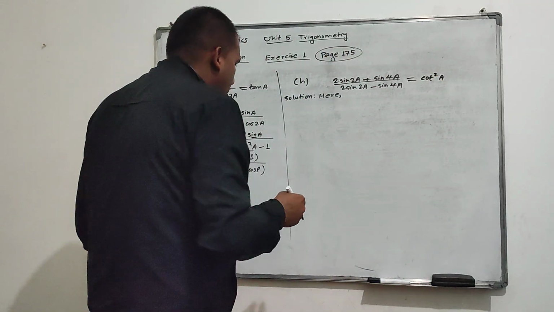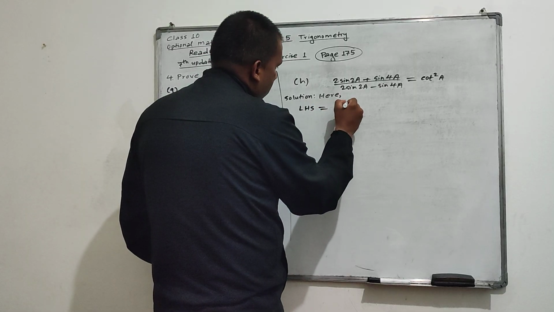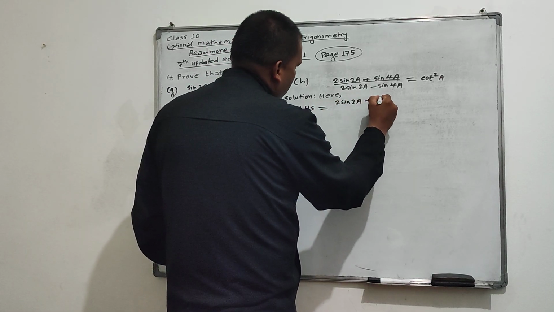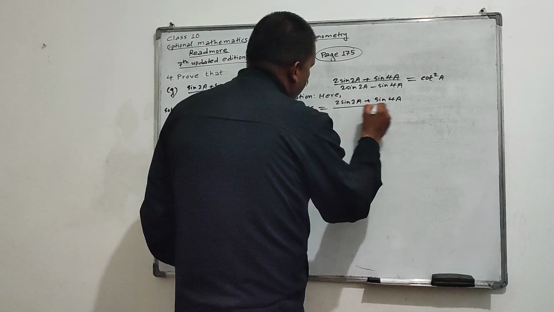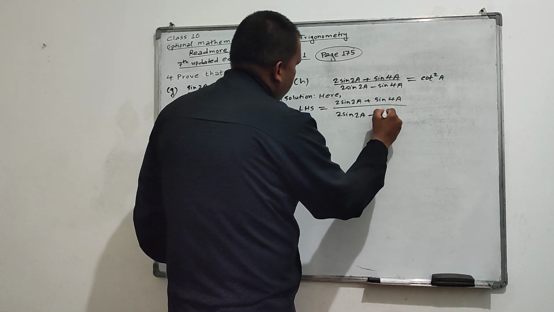Now the solution. Here this equals 2 sine 2a plus sine 4a whole upon 2 sine 2a minus sine 4a.